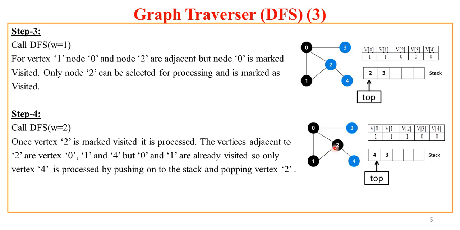For 2 there are 3 adjacent nodes, 0, 1 and 4. Of those, node 0 and node 1 are already marked as visited, as is node 2, which is processed and marked as visited. The only node which is not yet visited is 4, so that is pushed onto the stack, and 2 is popped.